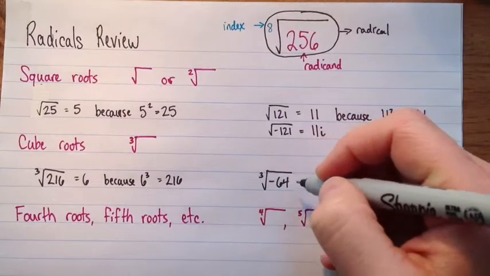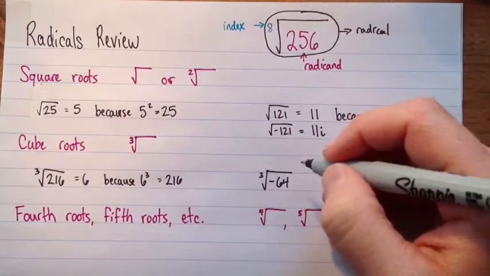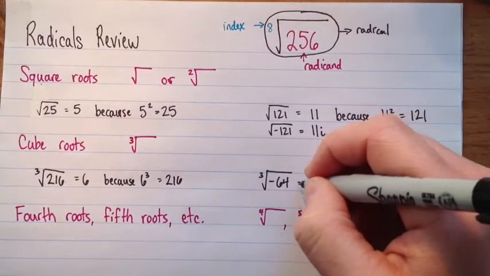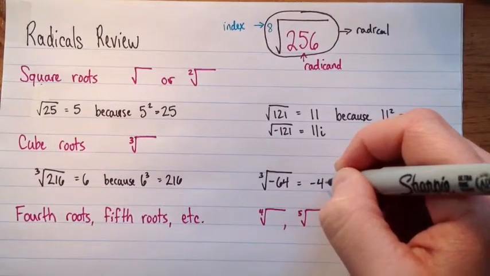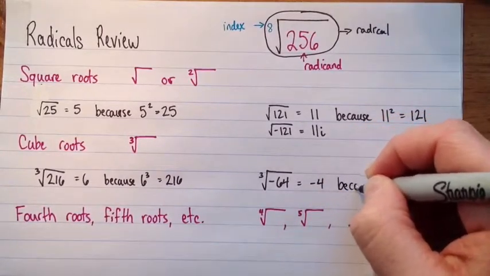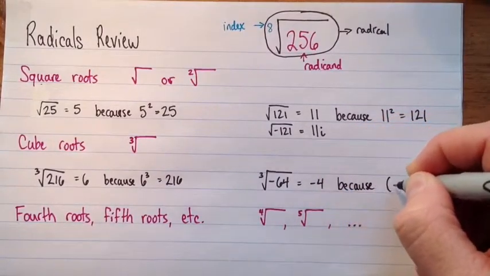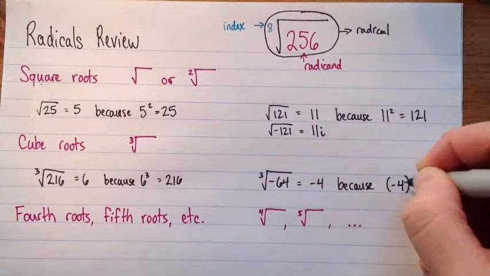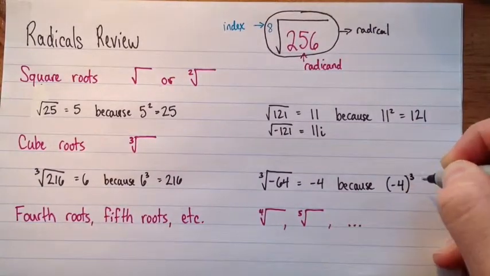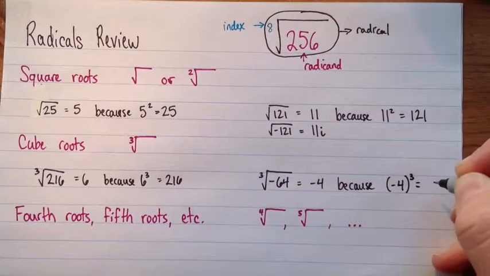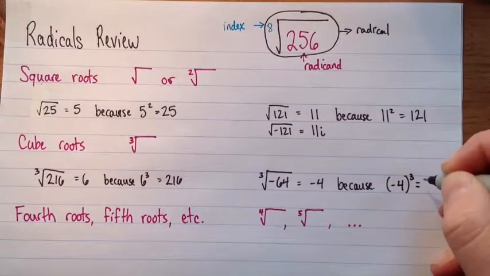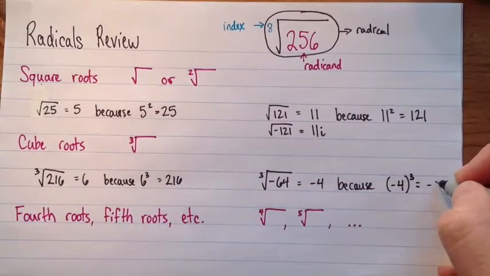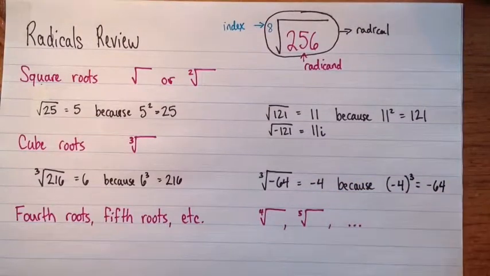But the cube root of negative 64 is a perfectly good real number. It's just negative 4. Because negative 4, and when you write this down, put it in brackets, negative 4 cubed is negative 4 times negative 4 is positive 16, times another negative 4 is negative 64. So that's a perfectly normal thing to do.